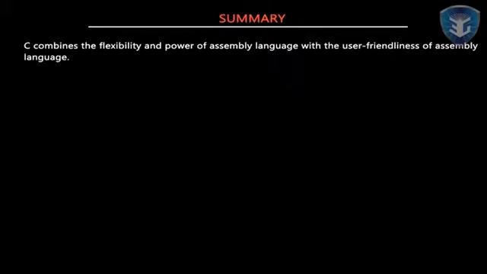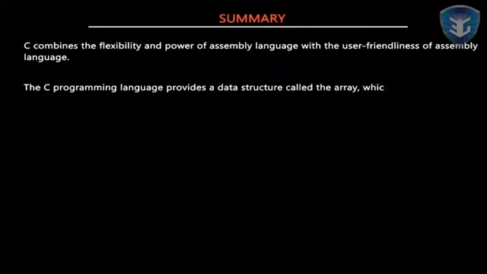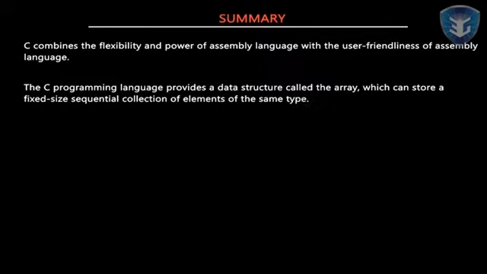Now in the end, let us summarize what we have learned in this lecture. C combines the flexibility and power of assembly language with the user-friendliness of a high-level language. The C programming language provides a data structure called the array, which can store a fixed-size sequential collection of elements of the same type.